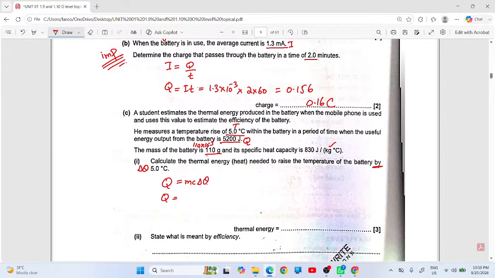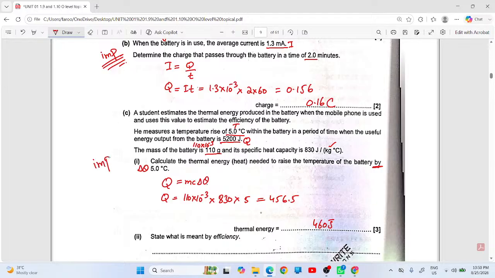Mass is 110 × 10 raised to power minus 3. T is 830 and change in temperature is 5. Because ये लिखा हुआ है 5 degree. 456.5. So this is 460 joules.